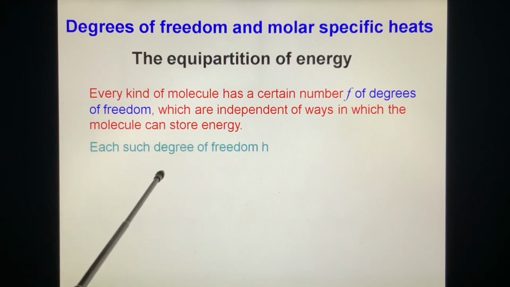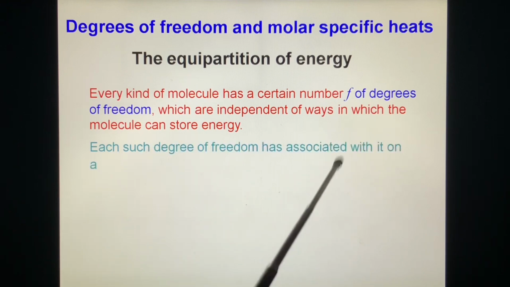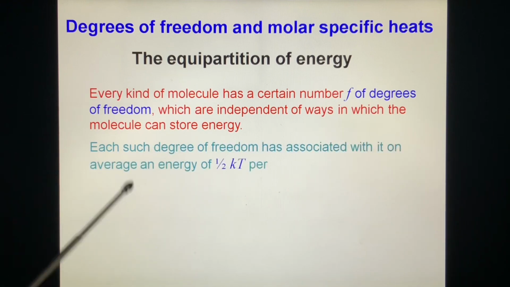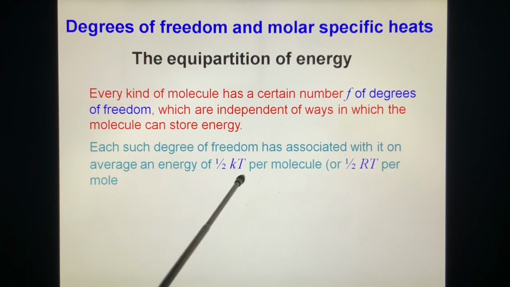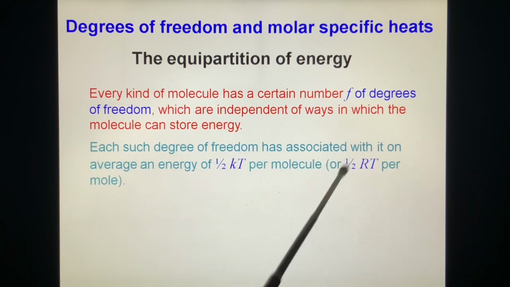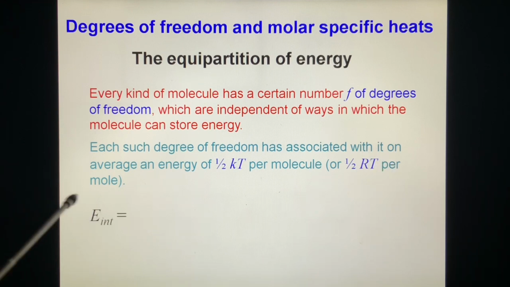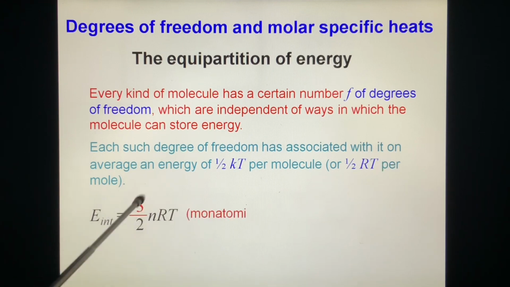Each such degree of freedom has associated with it, on average, an energy of half kT per molecule, or half RT per mole. So E internal equals 3 over 2 nRT for a monatomic gas, because a monatomic gas has 3 degrees of freedom.